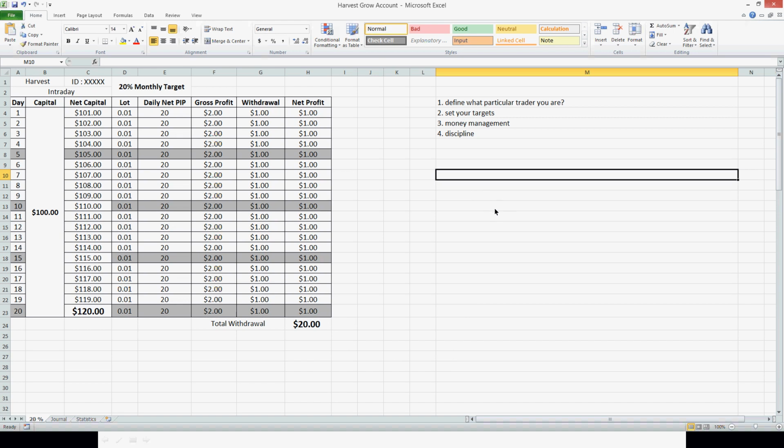Okay, so for me, I'm a scalper and an intraday trader. I would probably be able to achieve 20 or 30 pips a day, but in this sense, I want to grow my account and I want to be able to withdraw at the end of the month while growing my account. So in that sense, I start with $100, and on a monthly basis, I want to grow my account with a 20% monthly target.